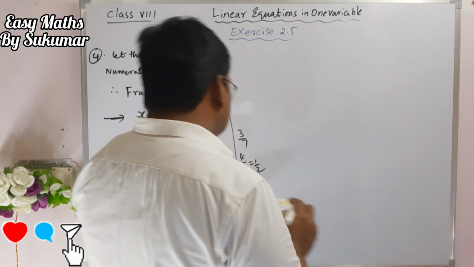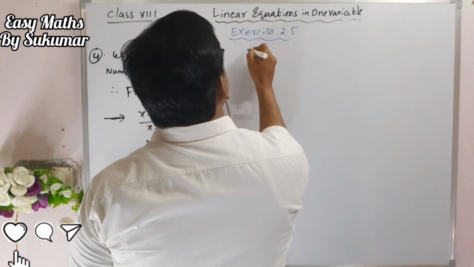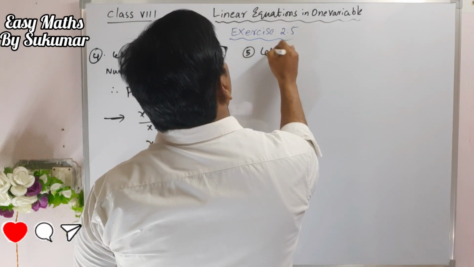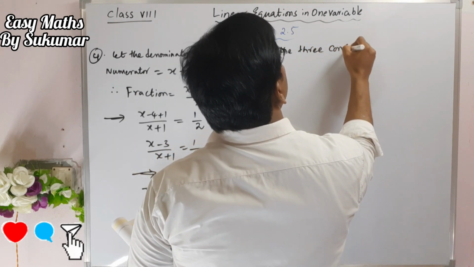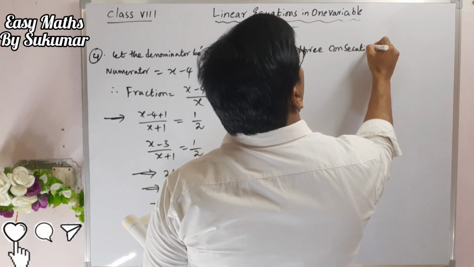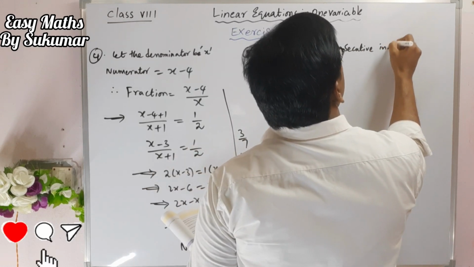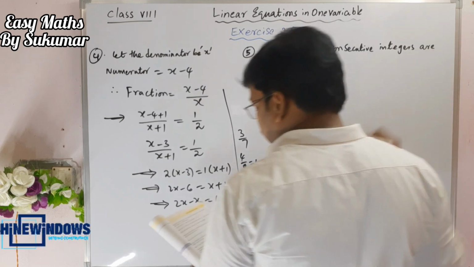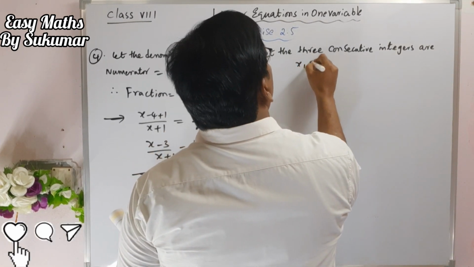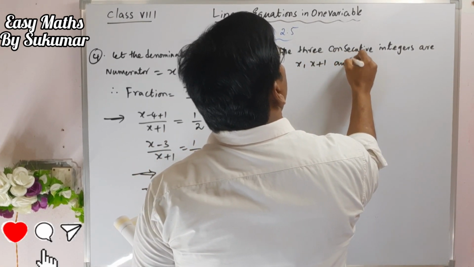That means let the 3 consecutive integers be x, x plus 1 and x plus 2.